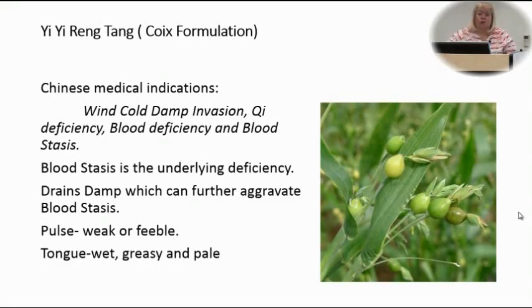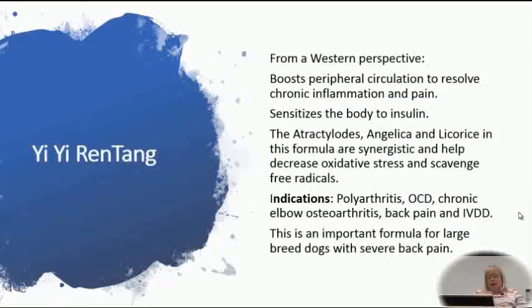From a Western perspective, it's going to boost the circulation and resolve chronic inflammation and pain. It also sensitizes the body to insulin, which is another interesting thing, and it's going to help decrease oxidative stress and scavenge free radicals.